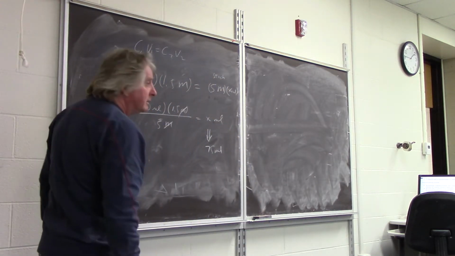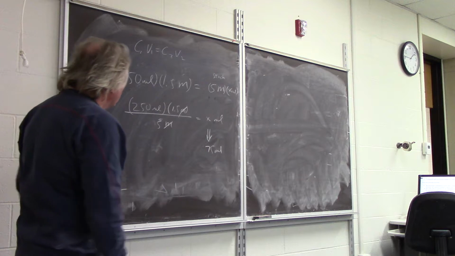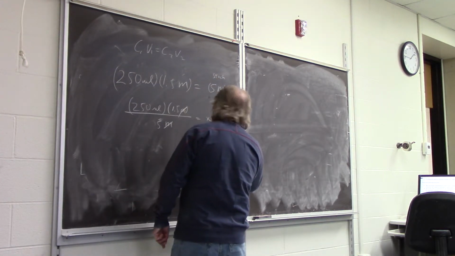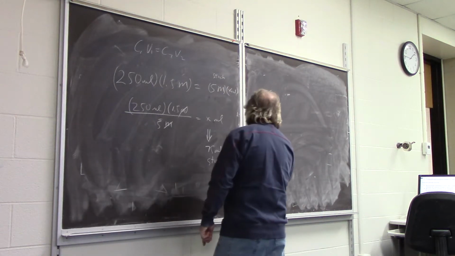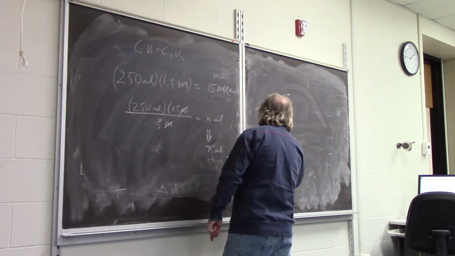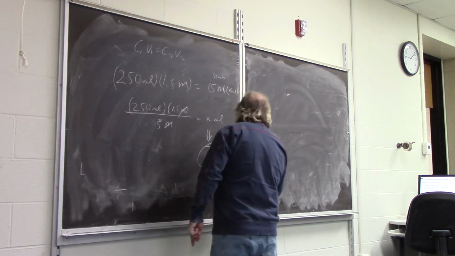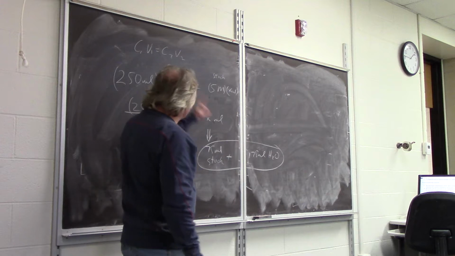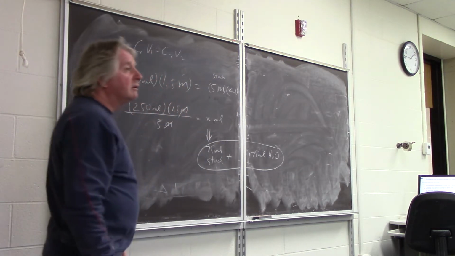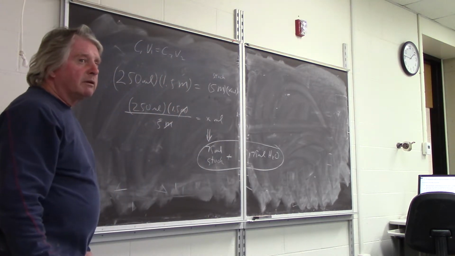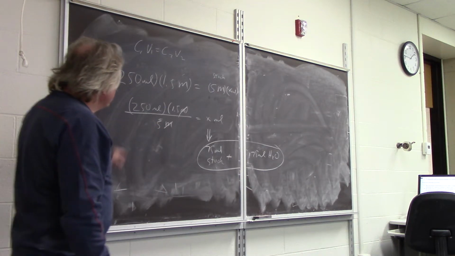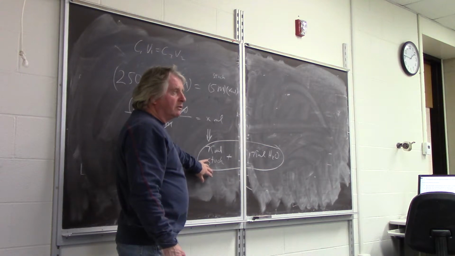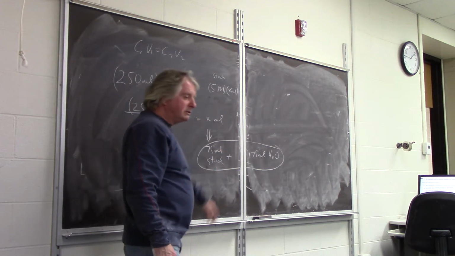Is that right? Okay, so what you do is you take 75 mils of your stock and add 175 mils of water. You take this, add it to water, but you want your final solution to be 250. So that's how you would make it. All right, so with this formula, what it does is it defines how much of the stock you're going to use, not how much total.